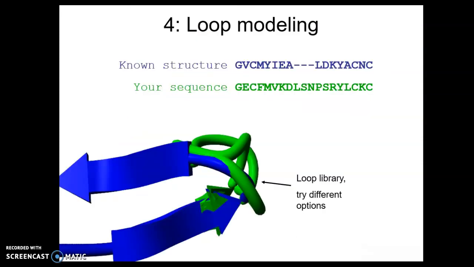So what happens in the loop modeling is it will consult a library, because those regions have not been formed properly. It will consult a loop library. A library is something like, just as if you don't have knowledge, what you do is borrow books from the library. Here also, the coordinates of the regions which are unknown are borrowed from the library, which is known as a loop library, and the correct assignment of sequence to structure has been done.